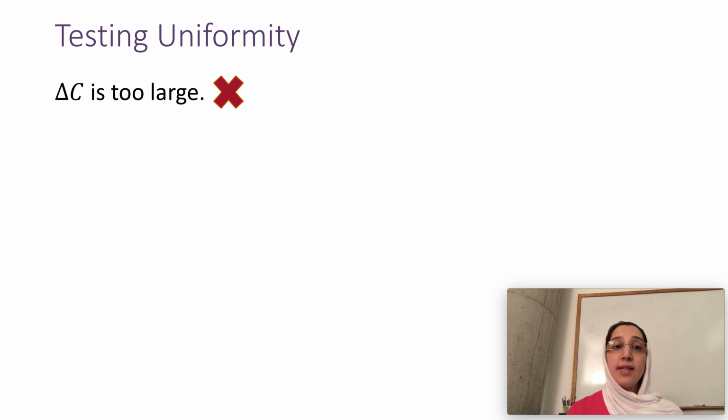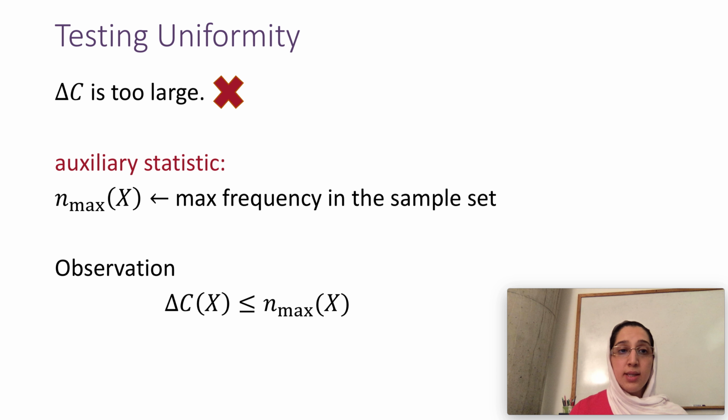Unfortunately, the sensitivity of the number of collisions is very high, so we can't use the Laplace method. We need to use an auxiliary statistic, Nmax, which is the maximum frequency in the sample set. We also showed that the sensitivity of C can be bounded by Nmax.